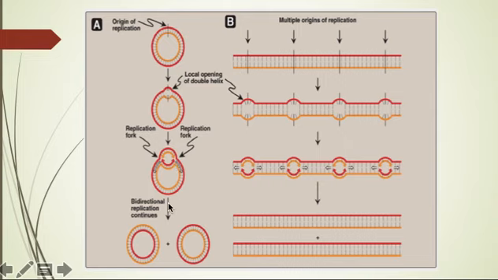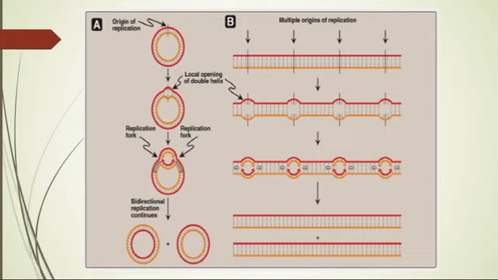And we said that replication is bidirectional, right? So it goes in both directions, as you can see here. This is the eukaryotic replication with bidirectional formation of the new DNA, and this is the prokaryotic replication.